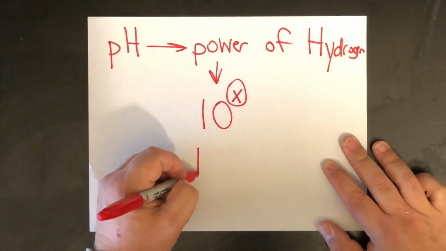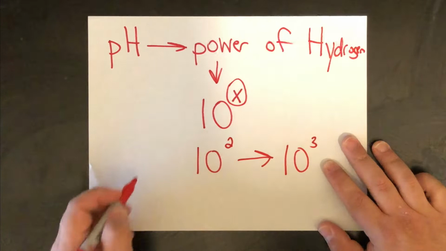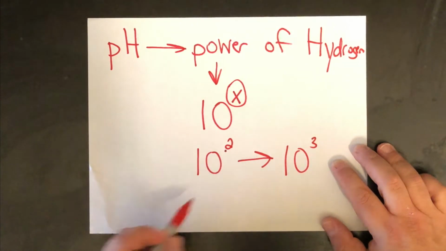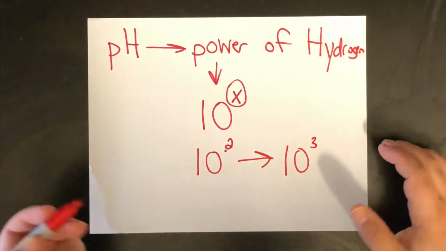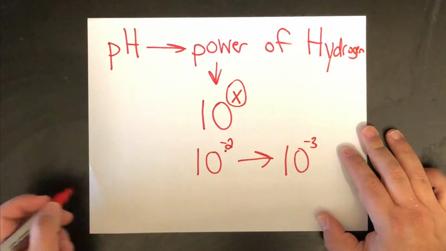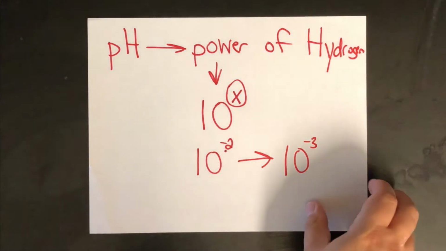So what that means is as we move from a pH of 2 to a pH of 3, we actually get 10 times more hydrogen. And to make the whole thing a little bit weirder, it's actually negative exponents, but we're going to ignore that for right now. So that's what power of hydrogen means when we say pH.